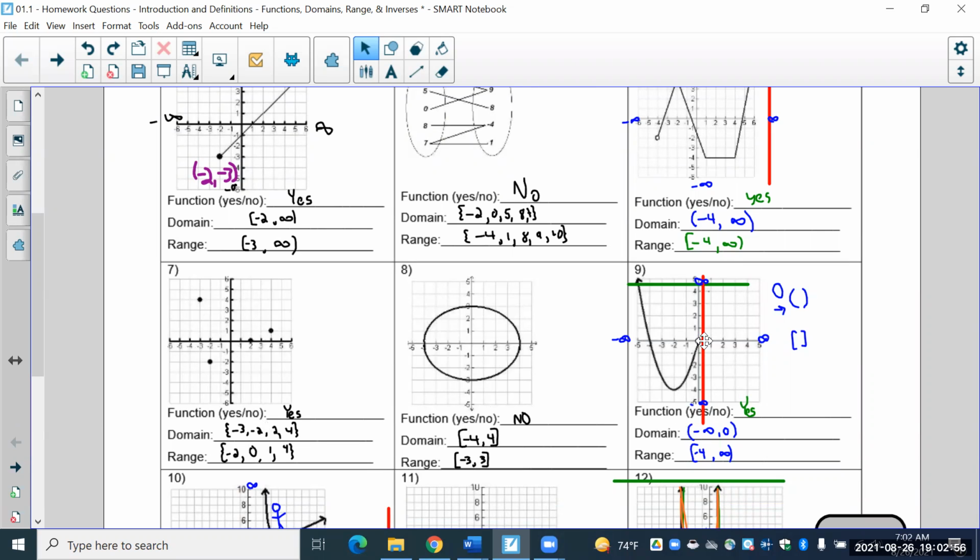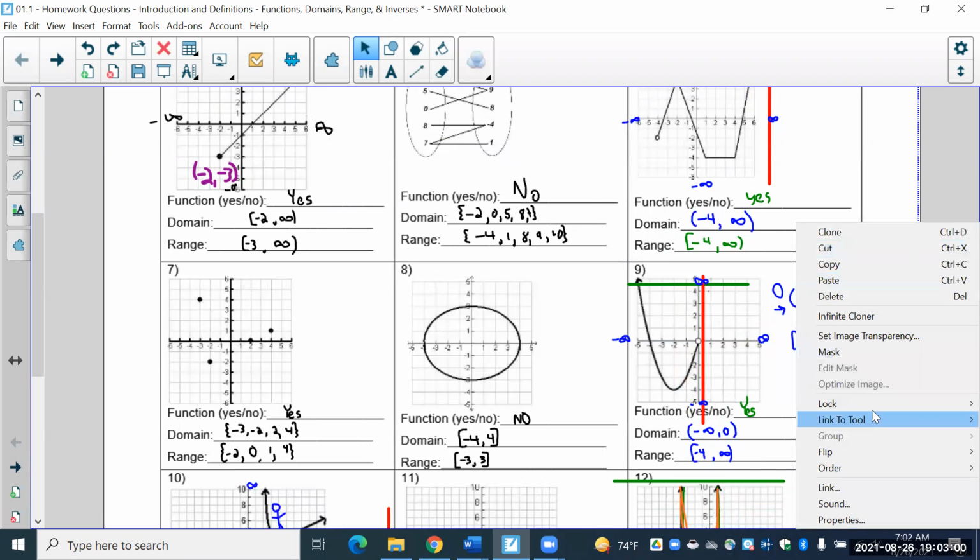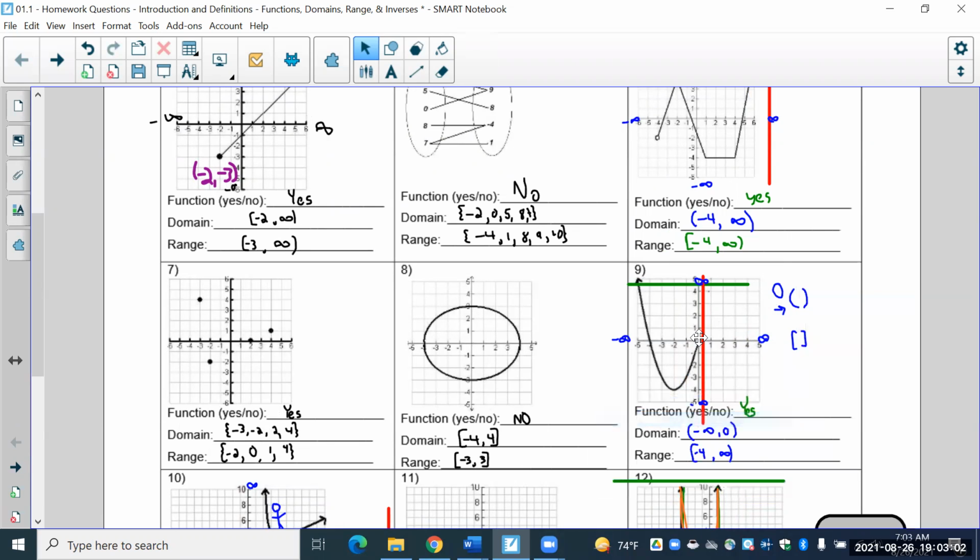This one, again, people have the domains and ranges sometimes backwards. So when you look at that, you're going to want to start over here and go, and then stop. So if you have 0 to -infinity, you're 90% correct, but you've got to think about the order of that. Is 0 bigger or smaller than -infinity? It has to be in order.